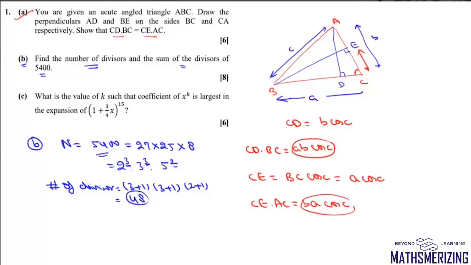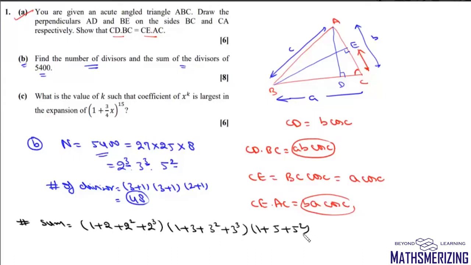Next we need to find the sum of all the divisors. So we know that the sum of these divisors will be 1 plus 2 plus 2 square plus 2 cube into 1 plus 3 plus 3 square plus 3 cube into 1 plus 5 plus 5 square. So that is the sum of all the divisors.